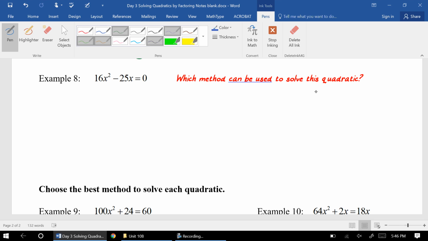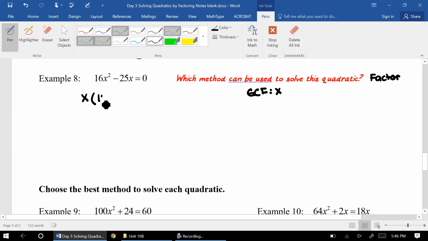So for this example, I'm going to solve by factoring. And specifically, I'm going to take out a GCF. So if I look at these two terms, the only thing that I see that they have in common is a GCF of x. So if I take x out, I have 16x minus 25 equals 0.